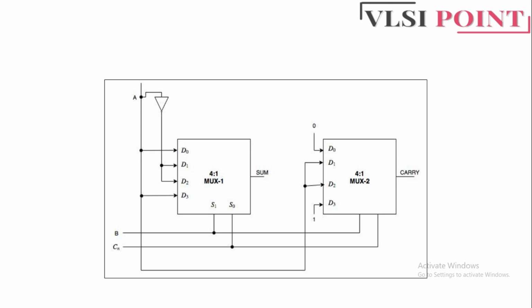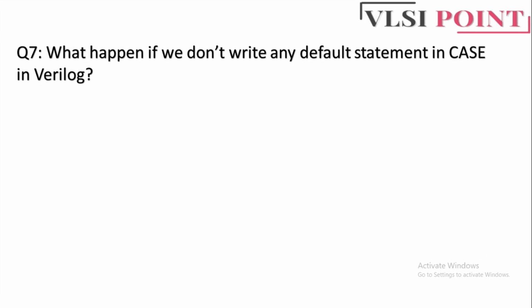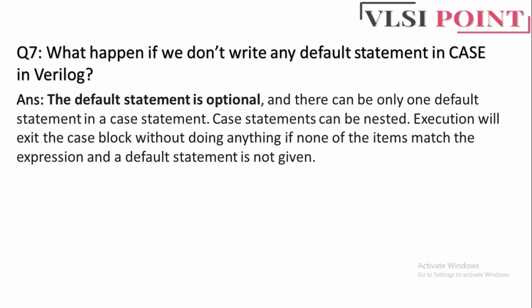Coming to the next question, what happens if we don't write any default statement in Verilog? So in Verilog, the case statement is used to implement multi-way branching based on the value of a variable or expression. The case statement allows you to specify a series of cases, each with a different value, and the code to execute if the value matches the case.